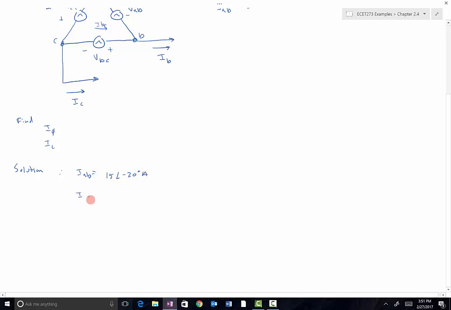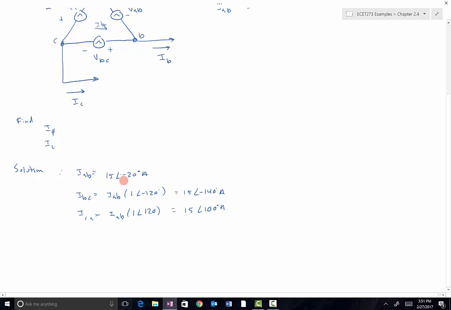IBC is going to be IAB times 1 at angle negative 120. And so that's just going to give me 15 at an angle negative 140. And then ICA is going to be equal to IAB times 1 angle 120. So that's 15 at an angle 100 degrees amps.